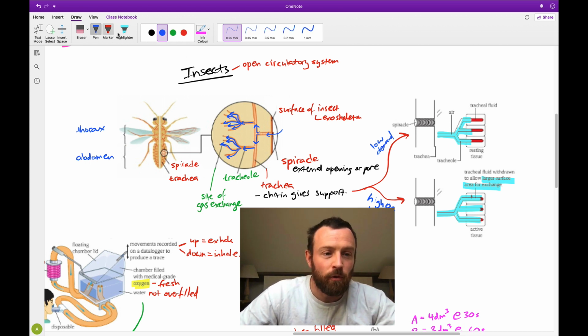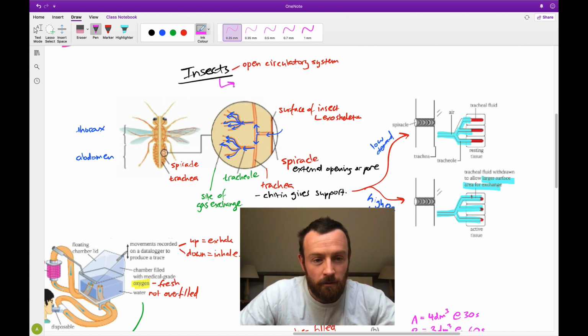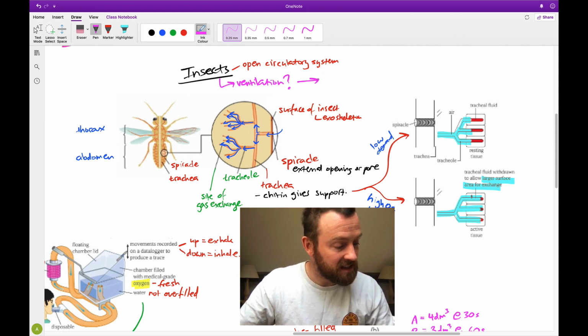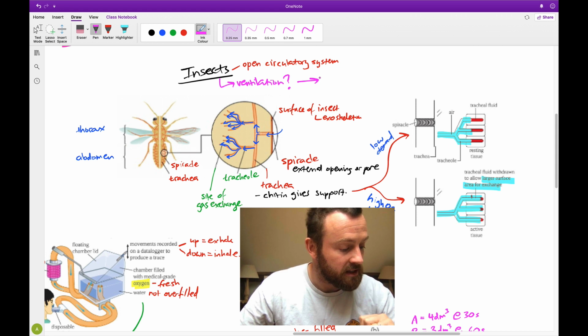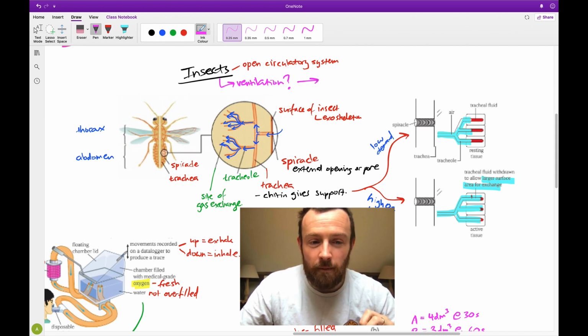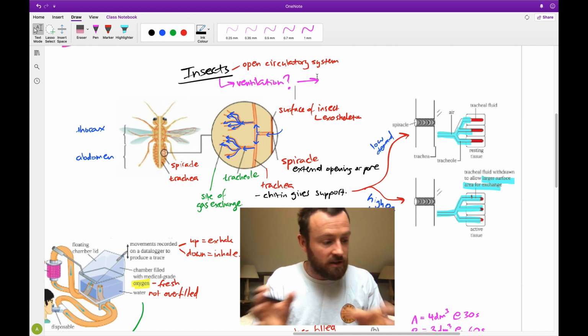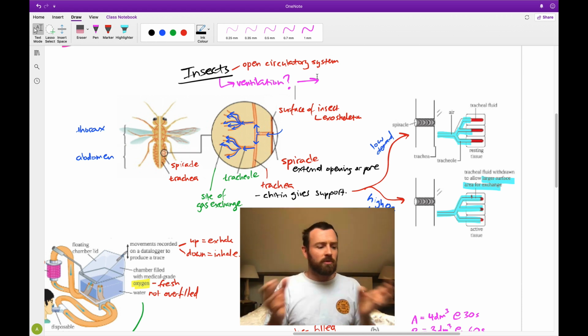Furthermore, for ventilation, I'm going to keep my same pink for ventilation. So can insects ventilate? Some can. Extremely active insects can. They can flex their abdomen to increase ventilation, and in some insects, the movement of the flight muscles actually increases the ventilation into and out of the trachea, which is nice because when they're flying they need more oxygen, so the flight muscles help with the ventilation.